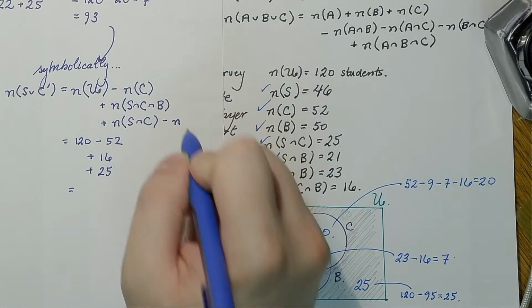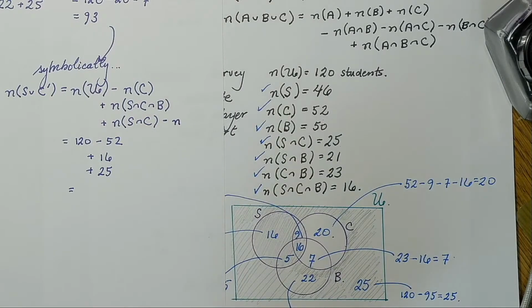So what I need to do is also, I would have the 120 minus the 52 minus the 25. Exactly.